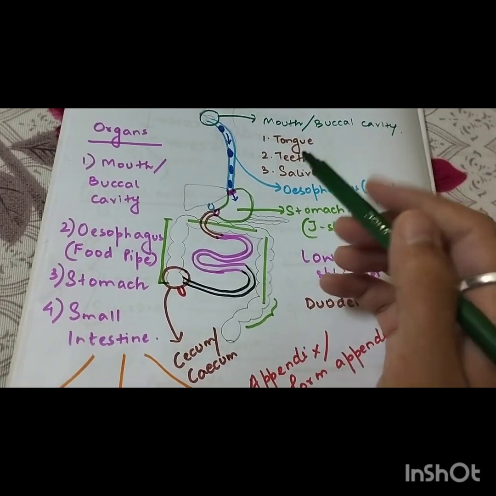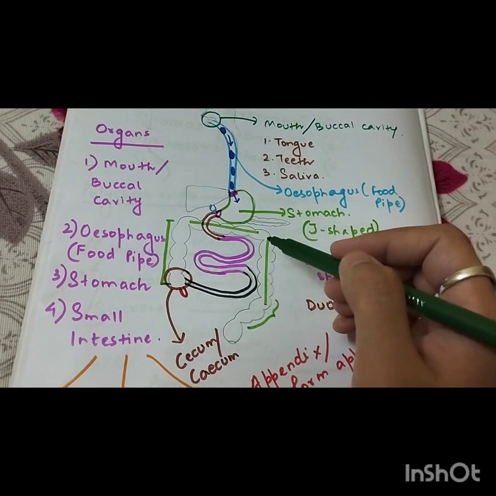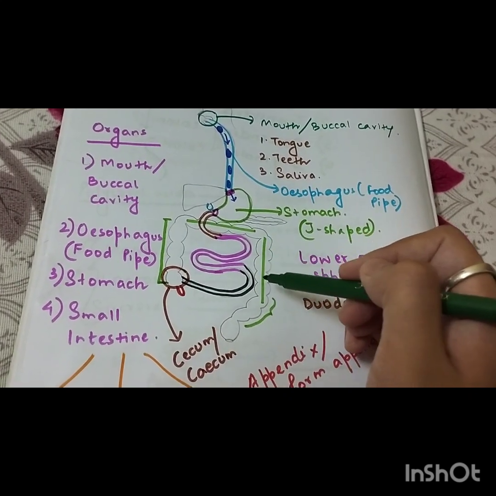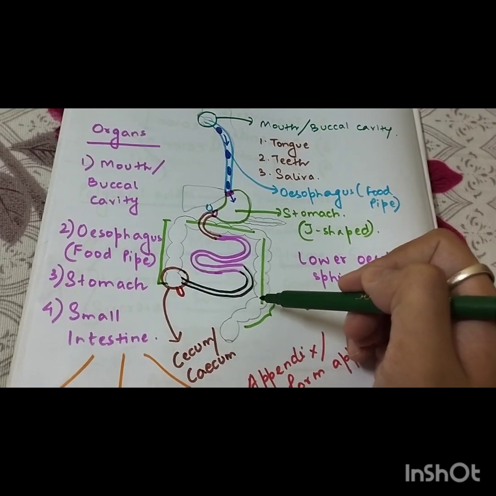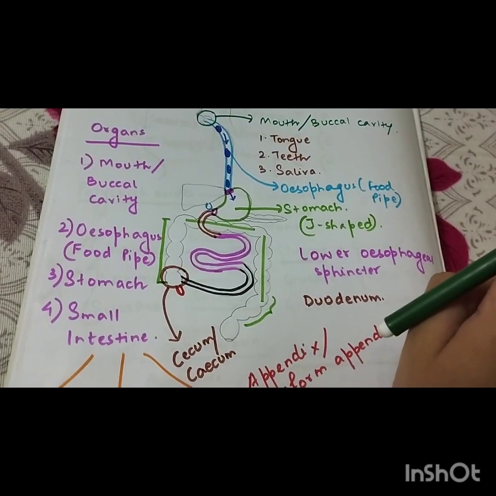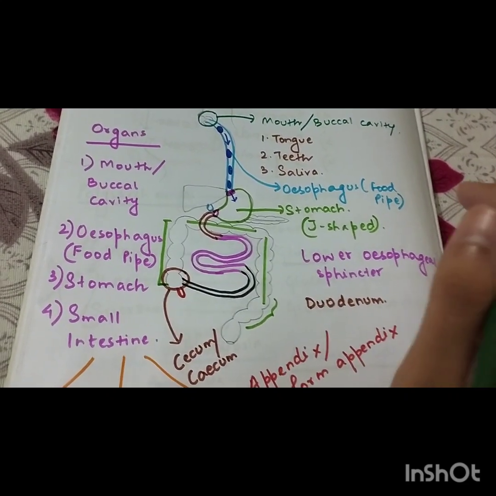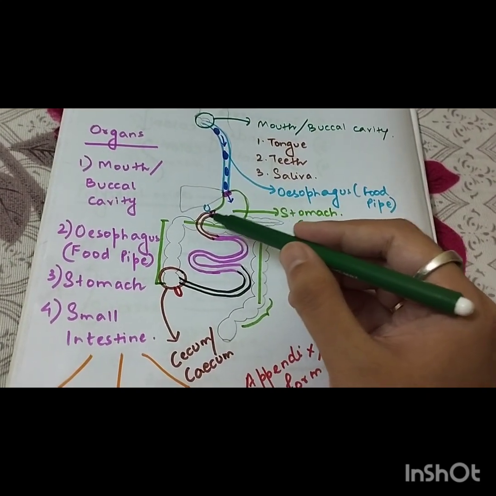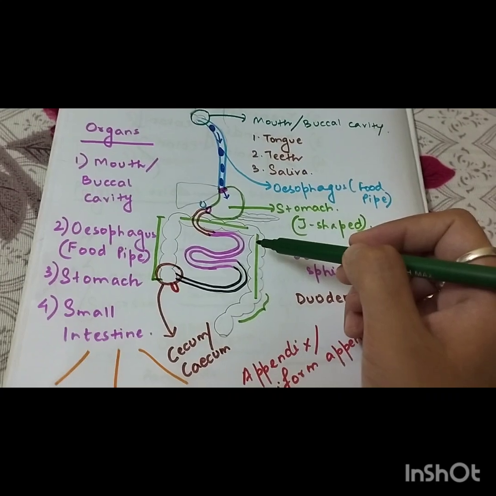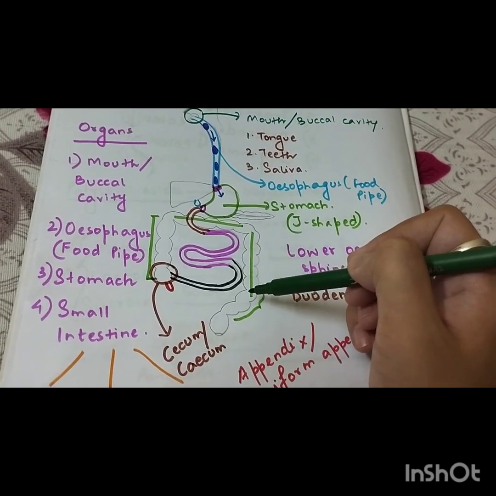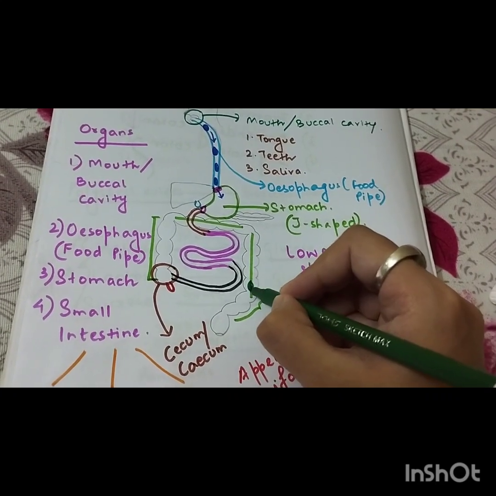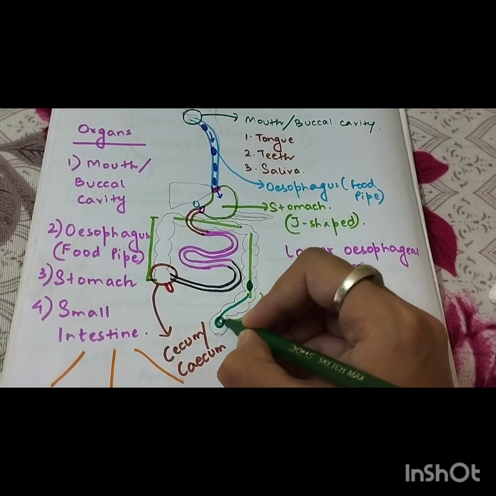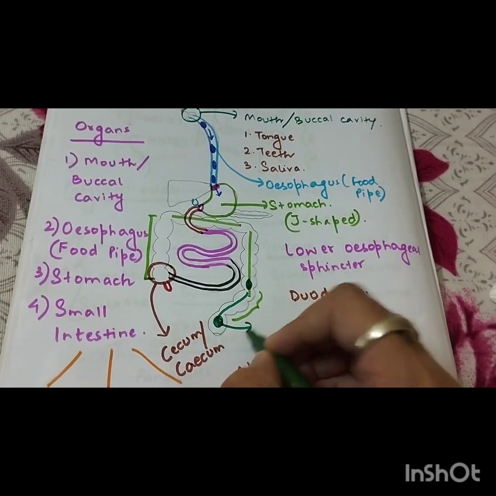Apart from absorption of water, fecal matter from the undigested food is produced inside the large intestine. So two functions are there for the large intestine. One is absorption of water, as well as fecal matter being produced from undigested food, and that fecal matter comes down and is stored inside this part which is known as the rectum.